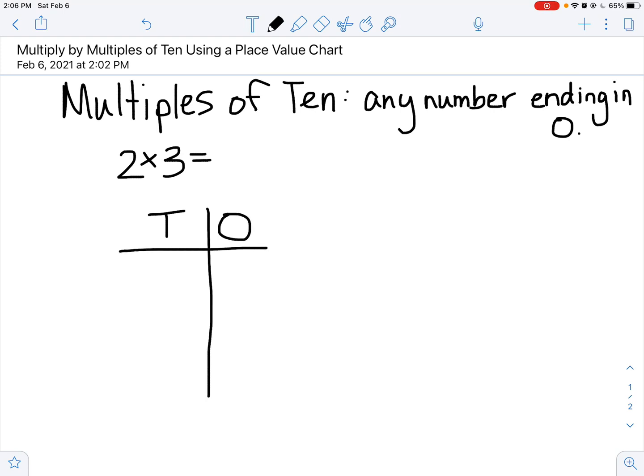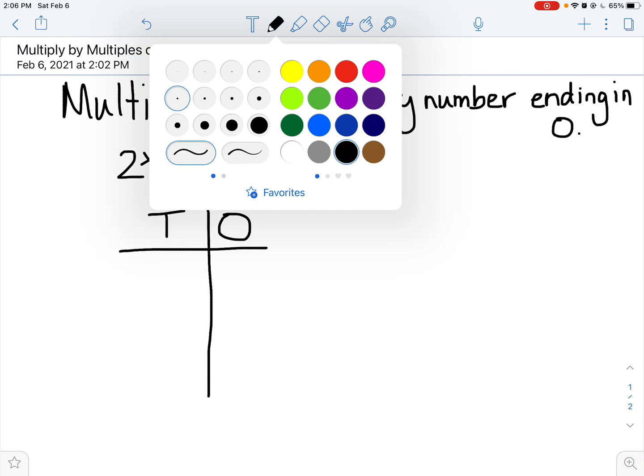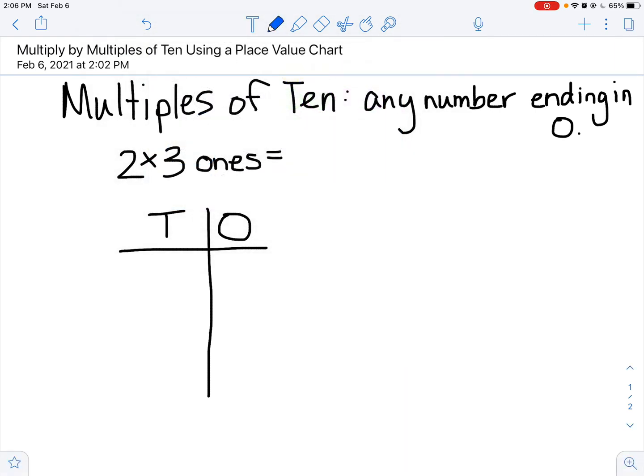Now, if I wanted to show 2 times 3, we're really asking what is 2 times 3 ones, or 2 sets of 3 ones. And the way I would show that is by putting it on my place value chart in an array. Here's 3 ones twice, right? 2 rows of 3 ones.